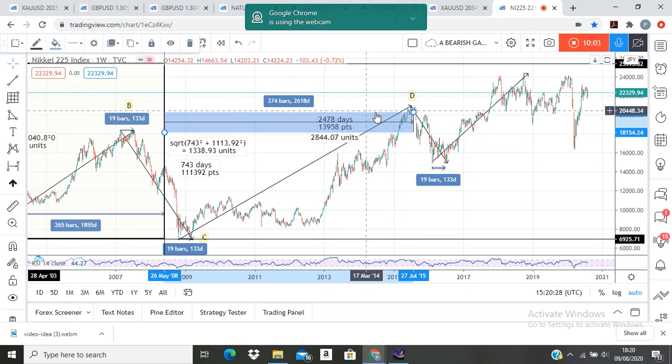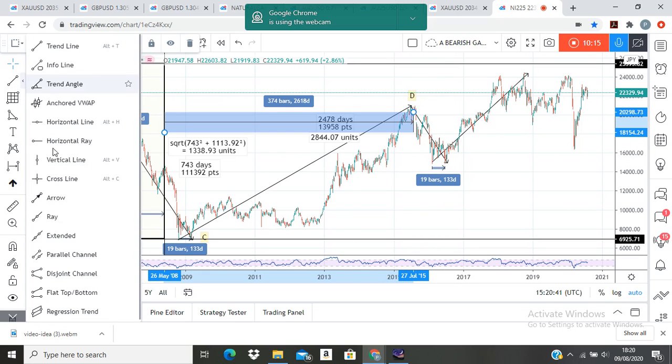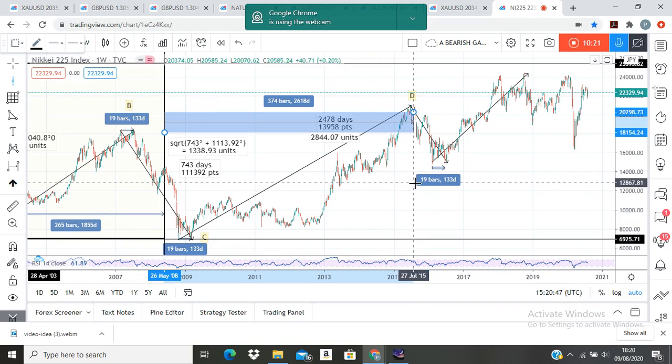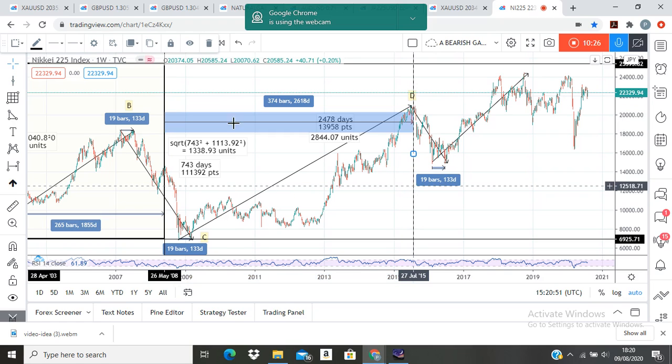So within this 2625 and 2618, we have our 2620, which we can see is exactly the end here where this correction started. So let's put a line there on 27th July 2015. That is our second line.